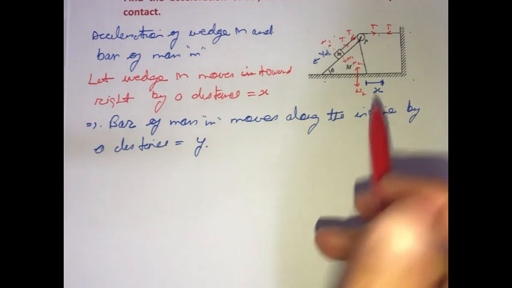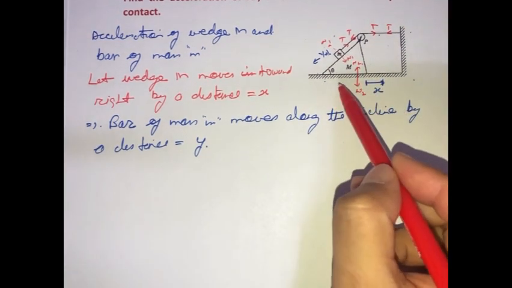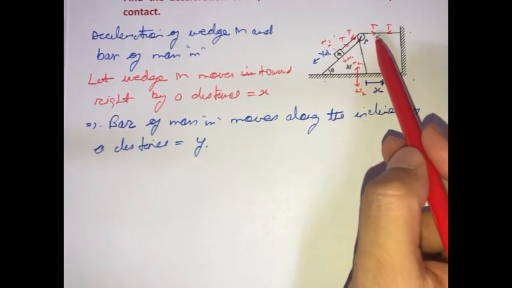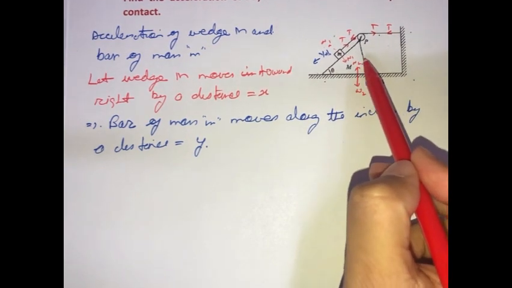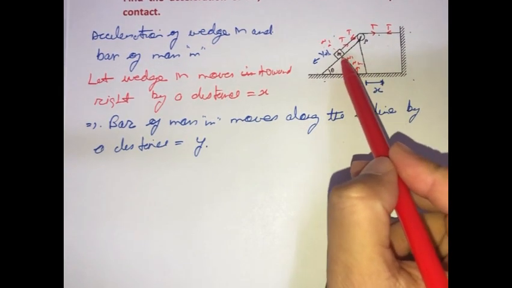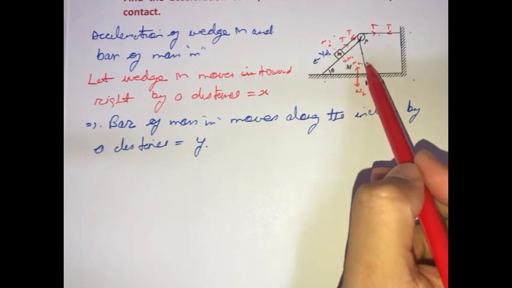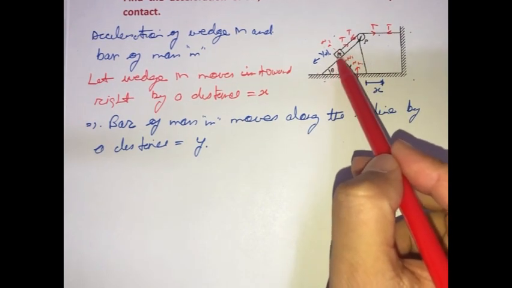So we can clearly see that as capital M moves toward the right by x, with the same amount the mass m is going to move downward along the incline.